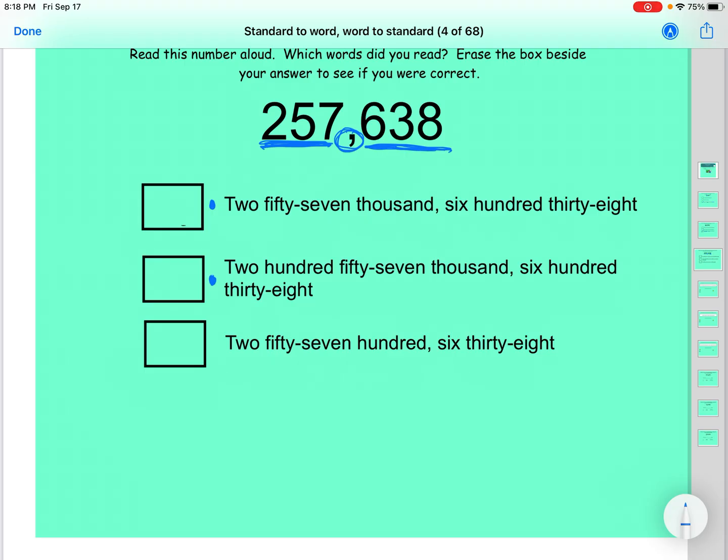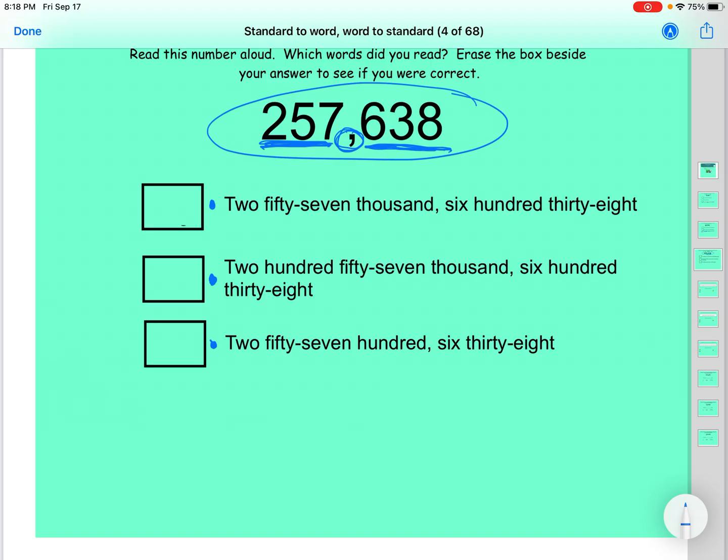Choice 2 says 257,638. And choice 3 says 257,638. Now remember, the words have to match what you read aloud when you were reading the number at the top.